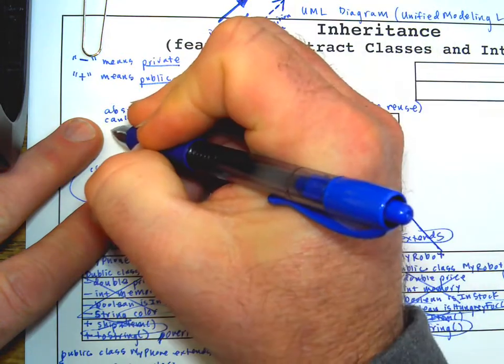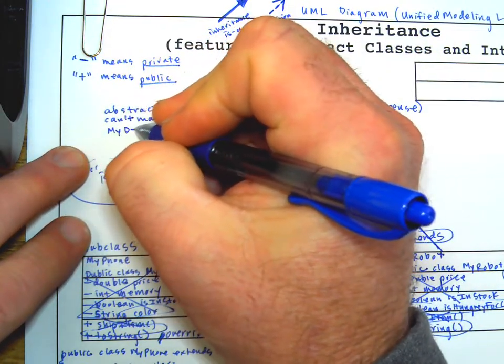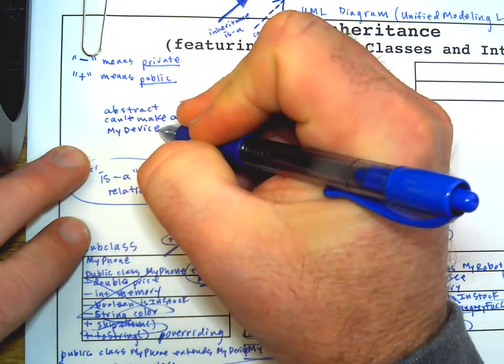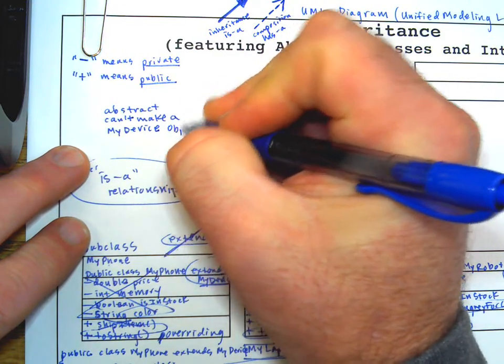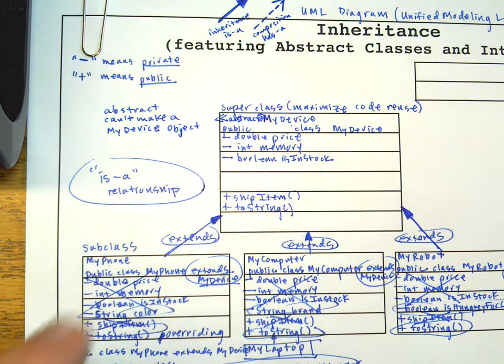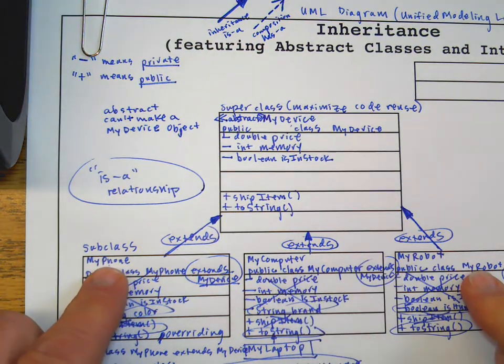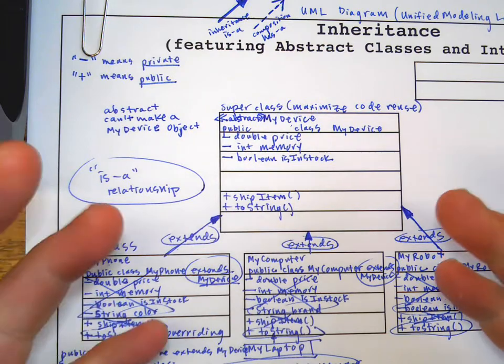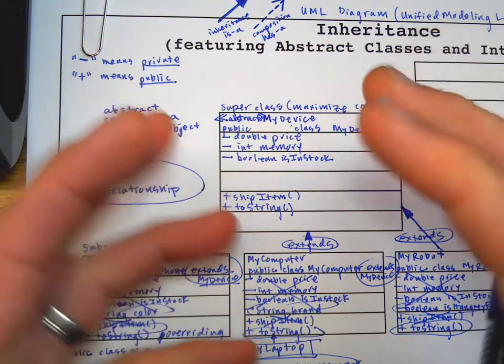You can't make a my device object on its own. Let's say we want to make my phones, my computers, my robots that are my devices, but we never really want to make a my device object on its own.